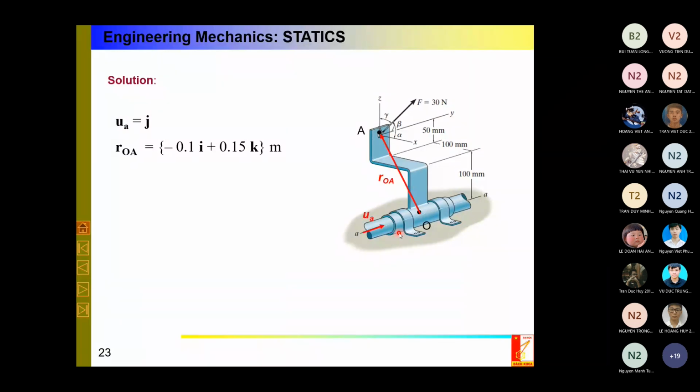I should fix some point O, like an origin, for specifying the position vector ROA. So I should fix some point O on the line AA. And in this case, surely I have a unit vector UA, which is parallel to the y-axis.